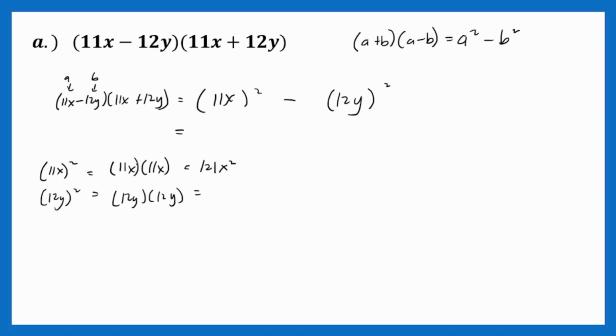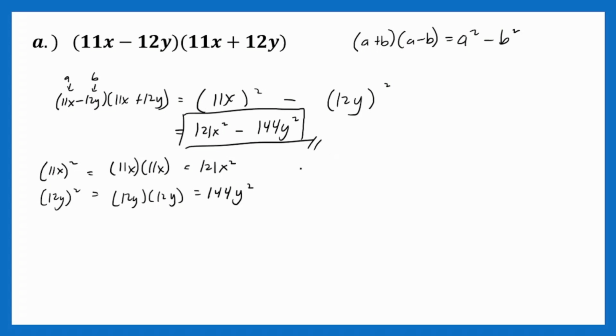Bakit squared? 1 plus 1. Okay, so that's 121 x squared minus 12 times 12 is 144. Y times y is y squared. Bakit? Plus 1 saka 1. Alright. So we have 144y squared. And this is now the final answer.